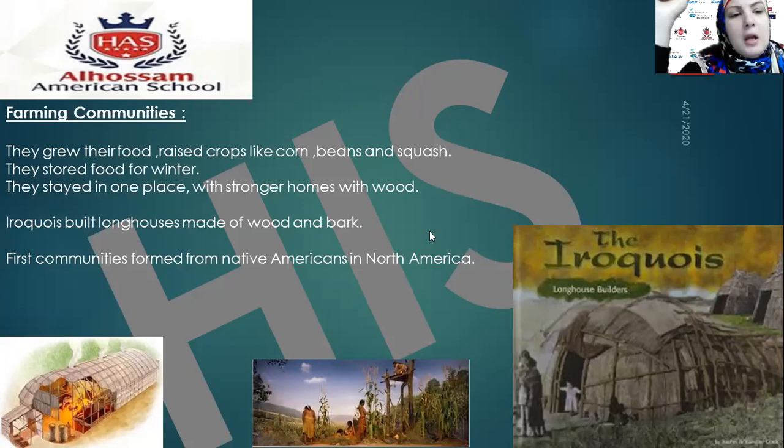They were builders. They used to collect crops for winter. They used to do everything in summer. Then they used to store food for winter because most of the crops were not available in winter, and because of the weather too.